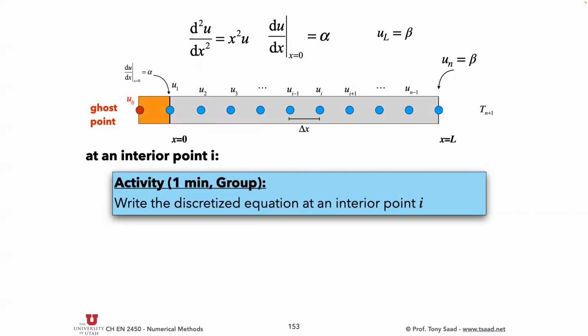The interior equation is just the discretization on the left-hand side, and on the right-hand side, x squared i ui. Just apply that equation at an interior point.